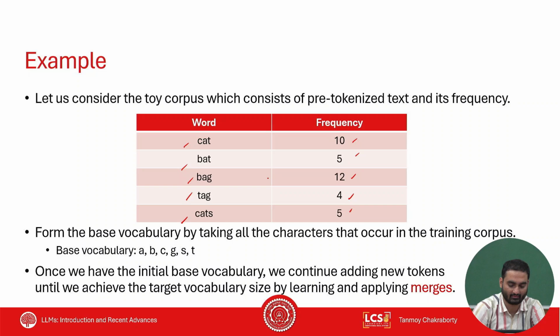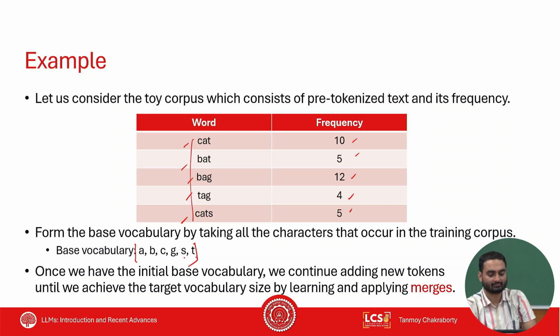To start with, we first identify the base vocabulary from the unique characters present in this corpus. The unique characters are A, B, C, G, S, and T. So this is my base vocabulary.